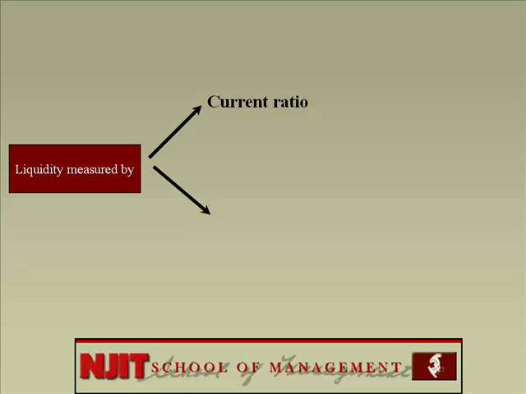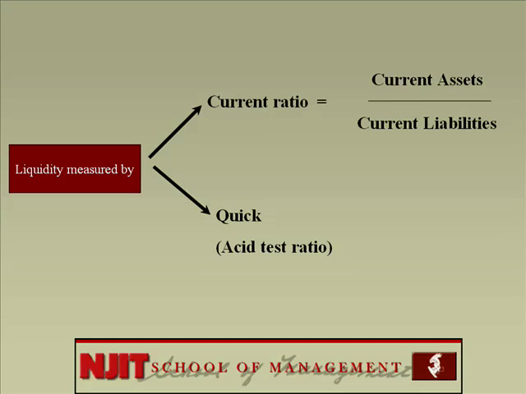and the quick or acid test ratio. The current ratio is measured as current assets divided by current liabilities. Generally, the higher the ratio, the more liquid the company. This is a ratio that loan officers are very interested in.